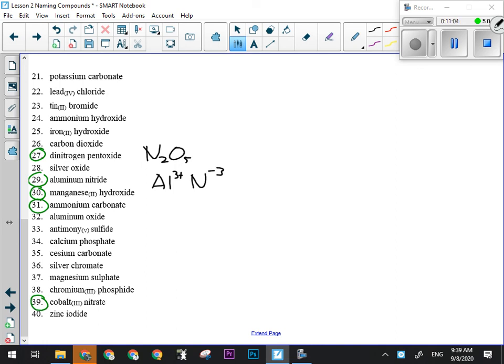All right, so when I drop and swap, what am I going to be left with? I'm going to have Al, N. These are already balanced, right? Plus 3 and negative 3 already cancel each other out. Remember, we said if I can reduce a compound, I should. Those already cancel, Al, N.